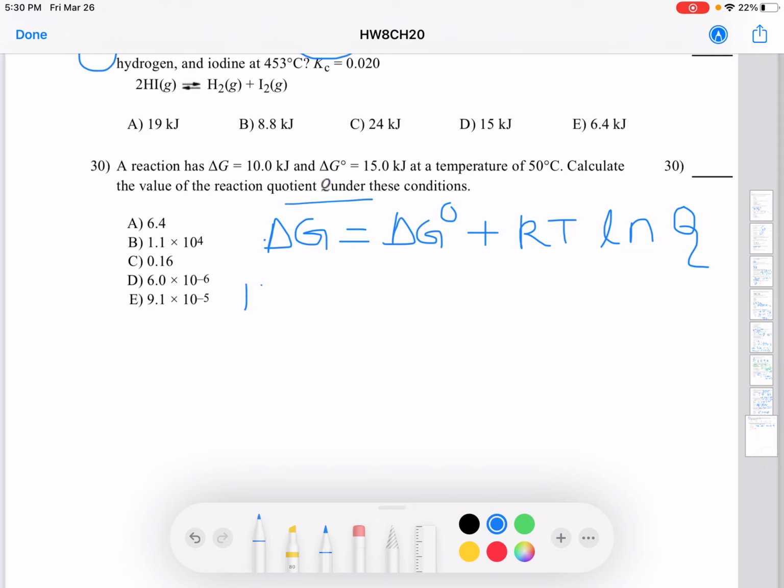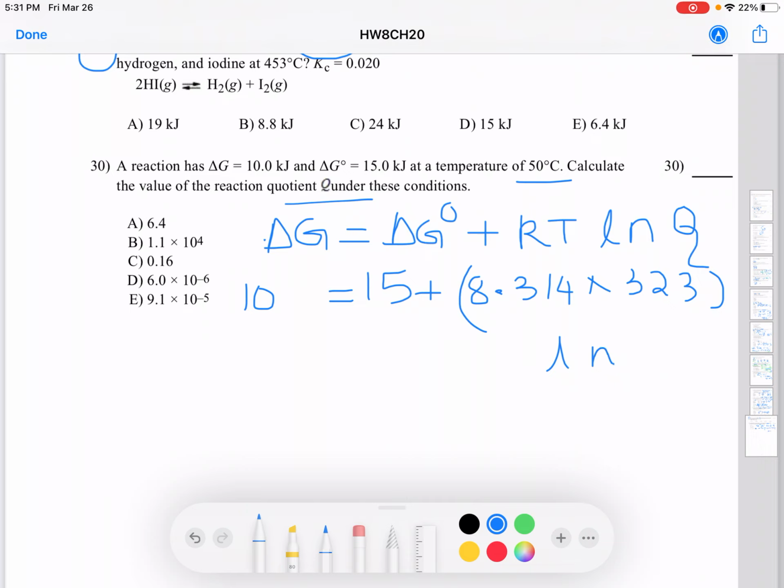Delta G is 10, delta G naught is 15, R 8.314, and the temperature 50. 273 plus 50 would be 323, ln Q.